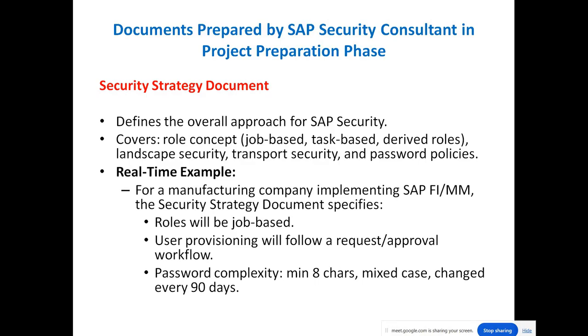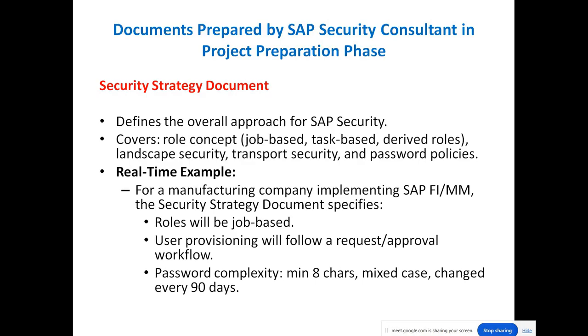The security strategy document specifies what exactly? Roles will be job based, for example FI/MM based. User provisioning will follow a request-approve workflow. Whenever a user wants to post a GL, create a sales order, do a delivery, or receive material, they should follow a request and get approval from management.